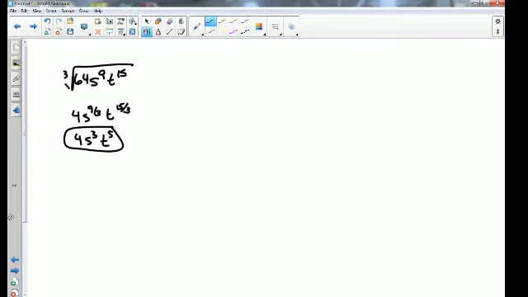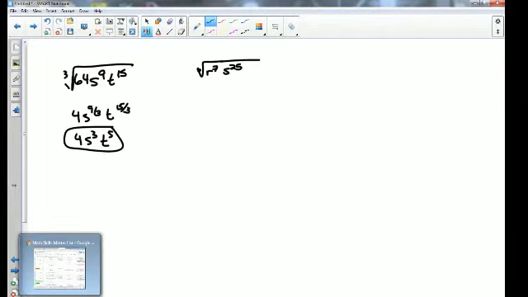Okay, what if we end up with something like this? Whoops, not what I wanted to write. The square root of r to the 7th, s to the 25th. Can we simplify that?